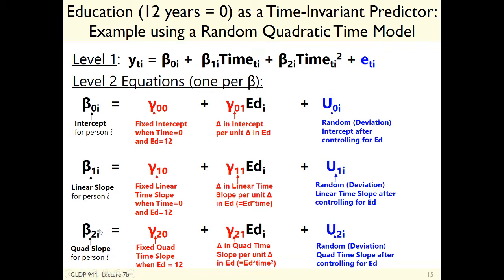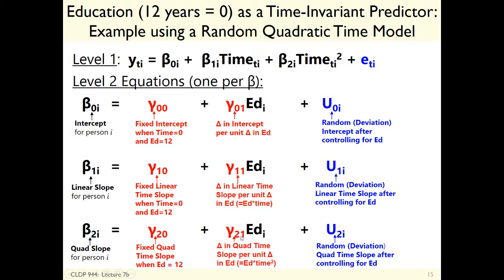Last one, beta 2. This is how each person gets their own quadratic slope, their own rate of acceleration or deceleration. Gamma 2.0 is half the rate of acceleration or deceleration for education equals 12. Gamma 2.1 is how that changes per unit of education.